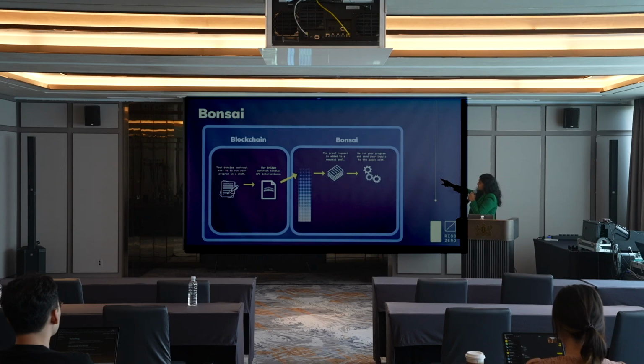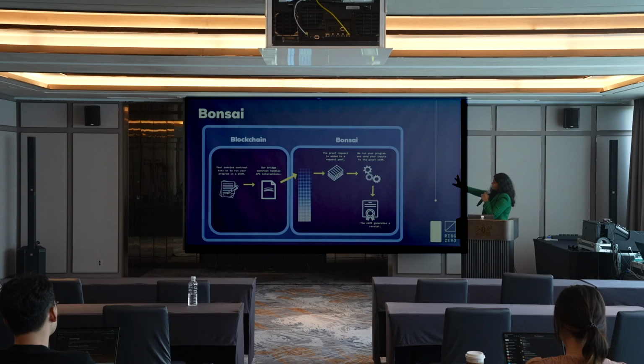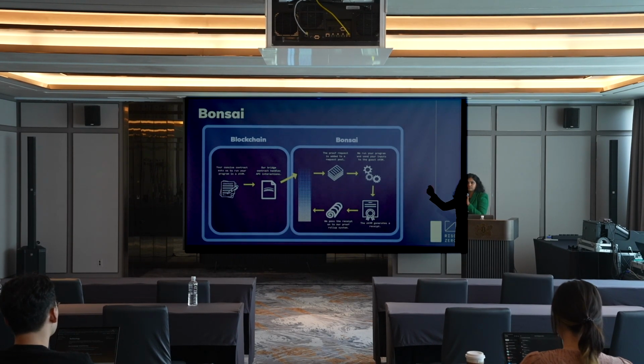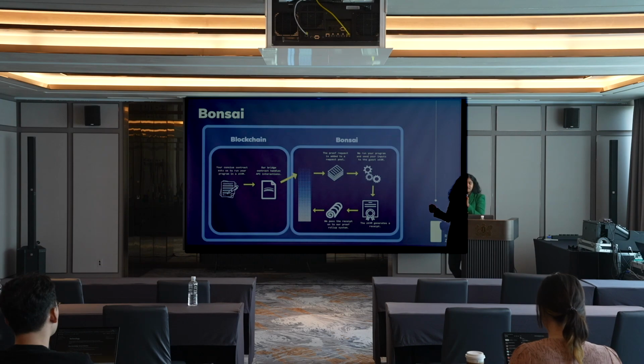And it'll run this program and then generate what we call a receipt, which is essentially what I explained as proofs. So the zkEVM receipt is generated. This is all happening in the Bonsai context. Once that receipt is generated, of course, we can send that receipt back on chain as is, if you want.